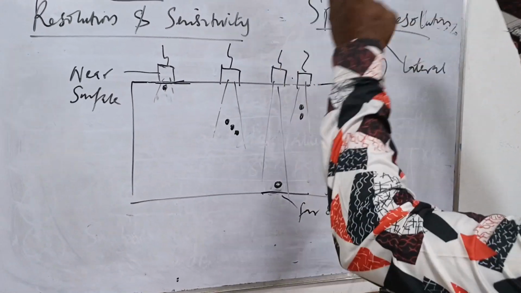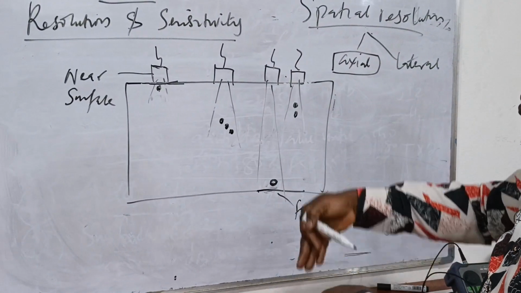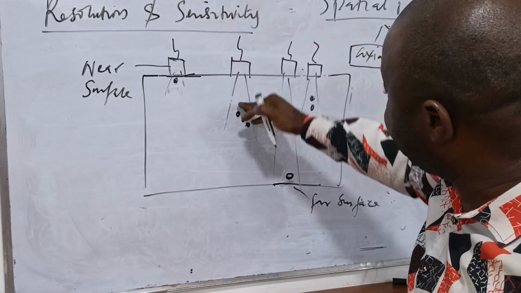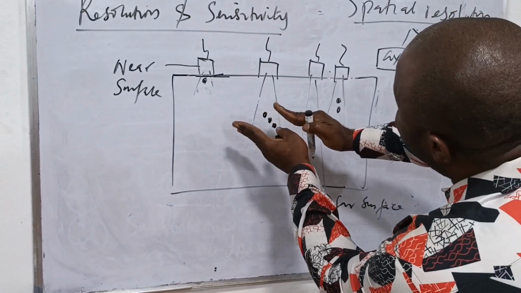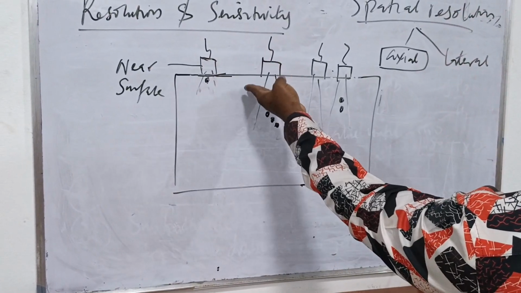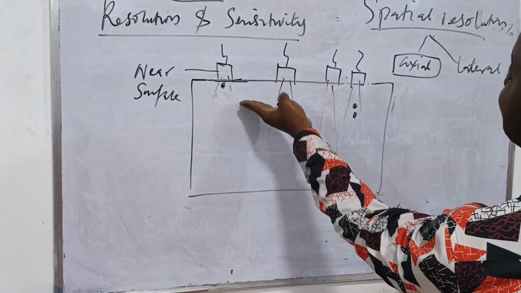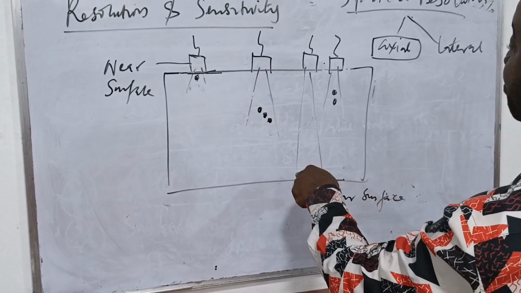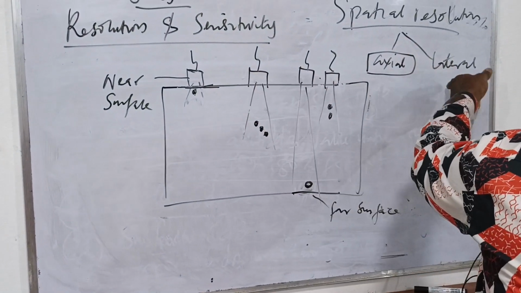In that case, we're talking about lateral direction. So even though these defects are not aligned to the axis of this probe, can the probe differentiate between them laterally? That is your lateral resolution.